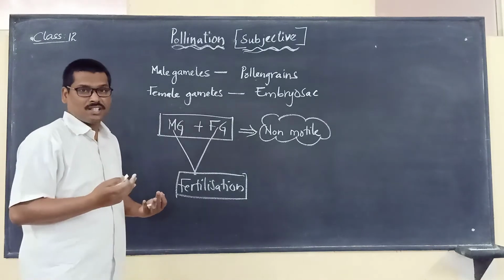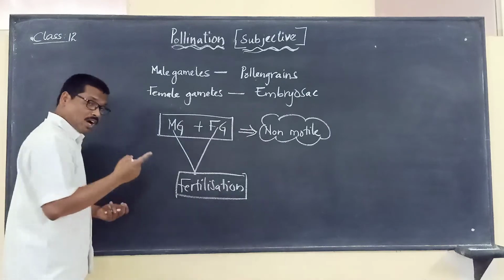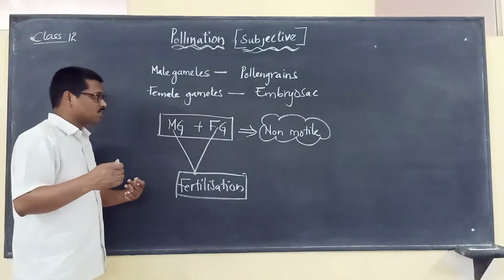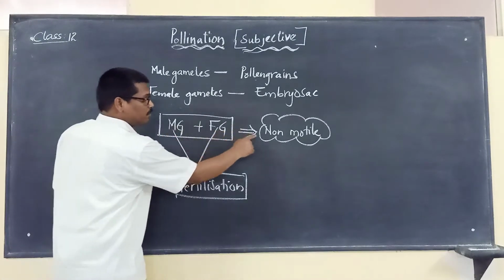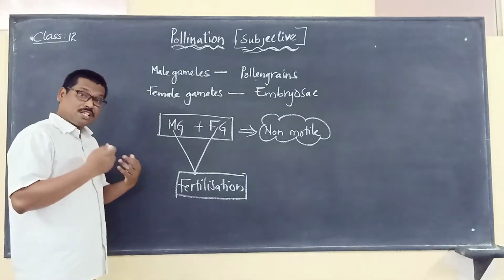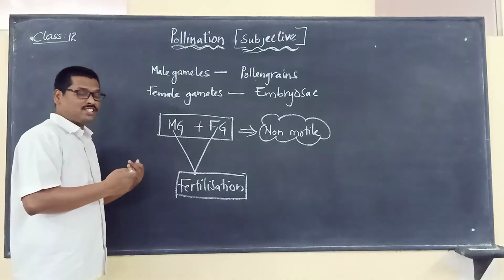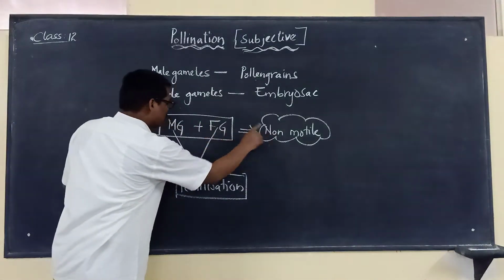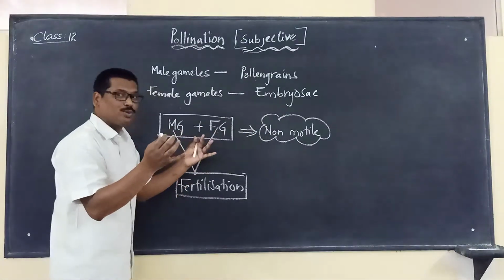So how is this possible? Why am I asking this question? Because both the male gametes and female gametes are non-motile, so how are they brought together? There is a mechanism in plants to bring the non-motile male and female gametes together.